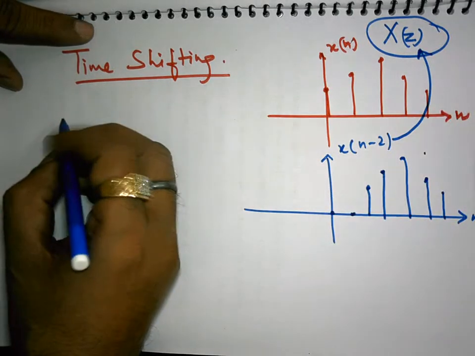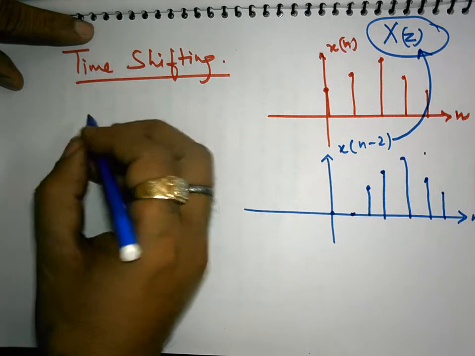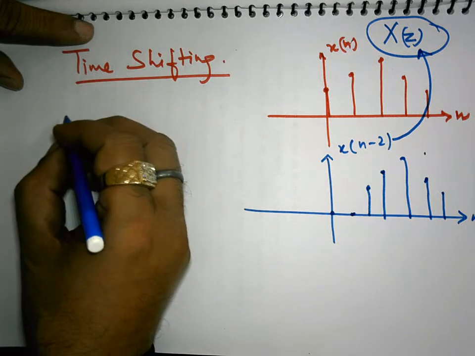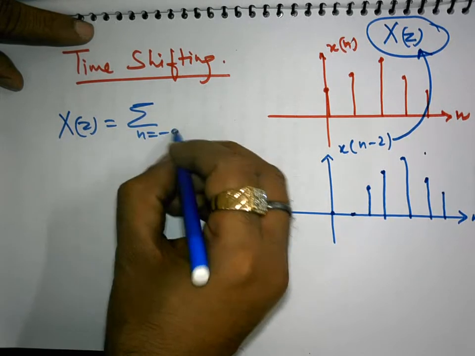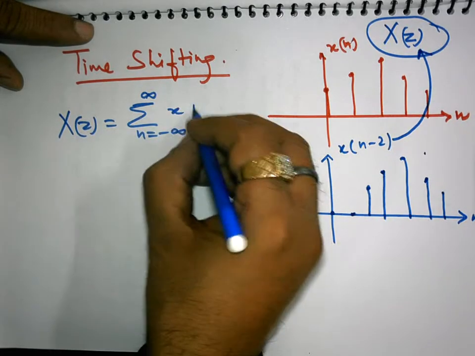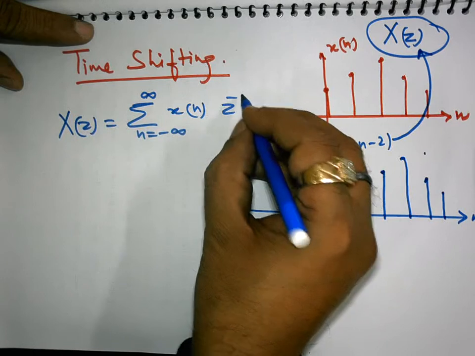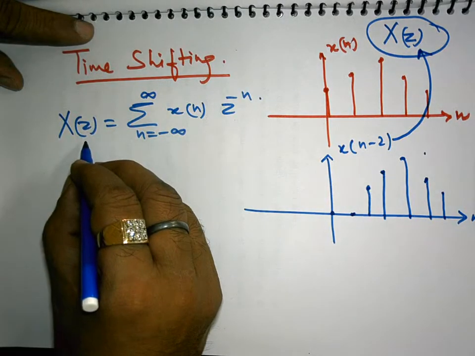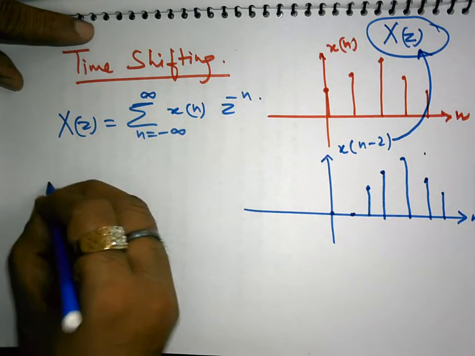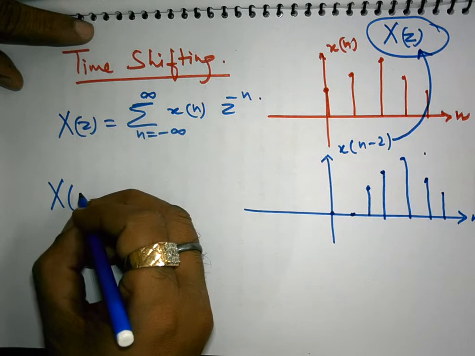So, let us see. The z transform of the original signal was X(z), defined as the summation from n equal to minus infinity to infinity of x[n] z to the power minus n. Suppose we have to evaluate the z transform of x[n minus k].